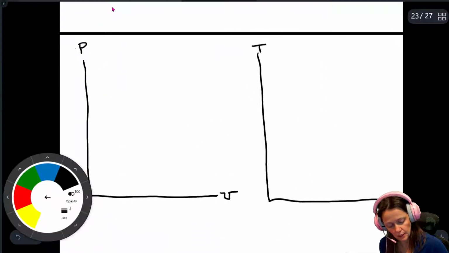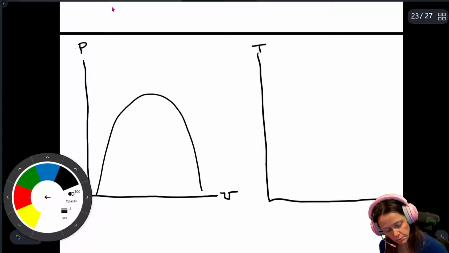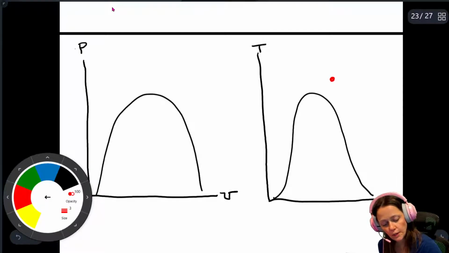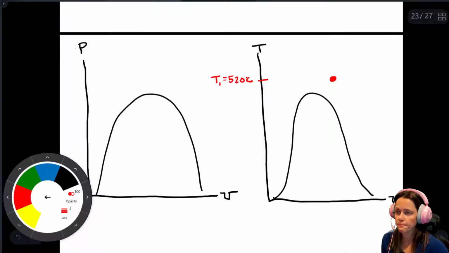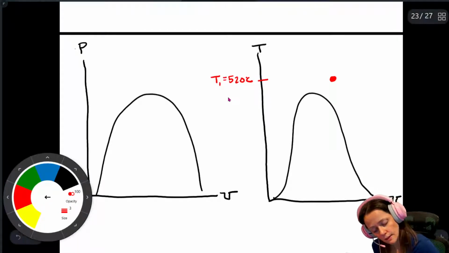So state 1, remember we were actually above that critical temperature. So this is T1, that was 500 in Celsius, so 520, I think. Yeah. So here's our state 1. If you're interested, it's not necessary to put it on here, but that critical temperature was 374.14.